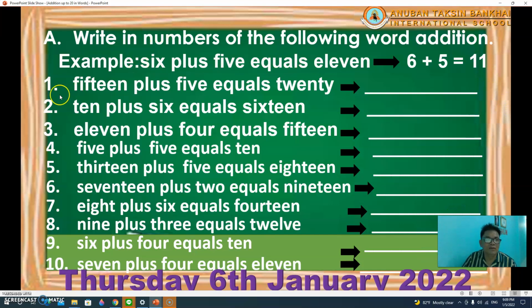You're going to write the correct spelling of the number. From 1 to 20, we learned already yesterday, and we have a review also today. So your answer is the correct spelling.